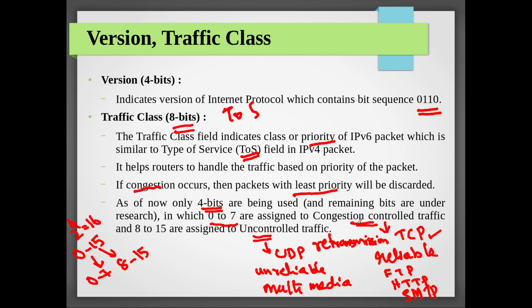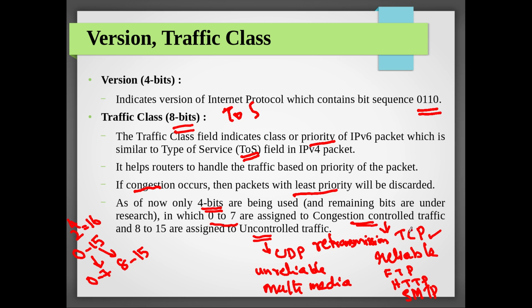Now, why is it called congestion controlled traffic? Whenever there is congestion, there will be packet losses. But TCP is able to control the congestion. One thing, even though in congestion it is not getting much affected, because by retransmission and all, it will ensure the reliability. And another, it has an inbuilt mechanism for controlling the congestion. We will see that in detail when we are discussing TCP.